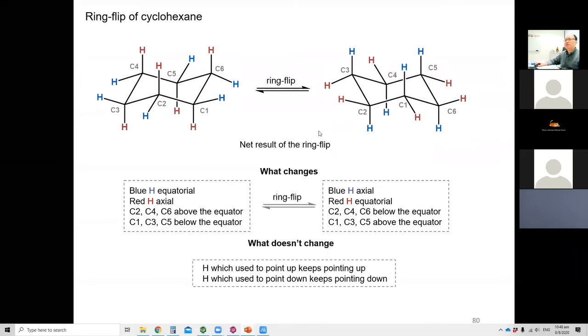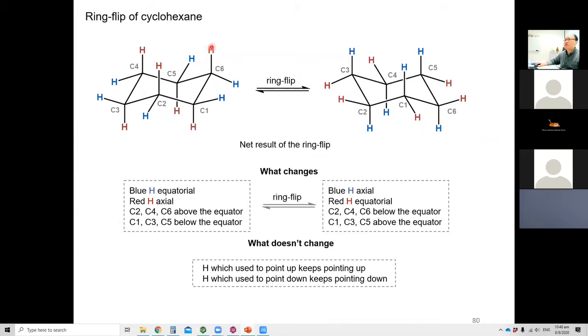What doesn't change is that if the hydrogen is pointing up in the original ring conformation, it's still pointing up in the flipped ring conformation. So for C6, we have an axial hydrogen, and at the end it becomes equatorial.